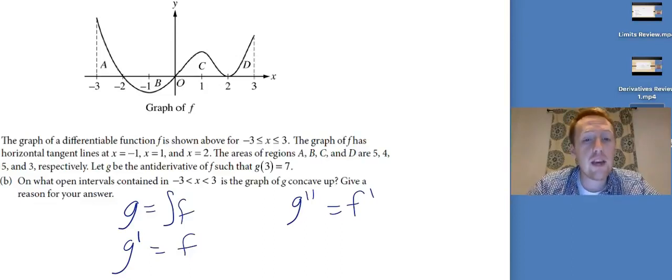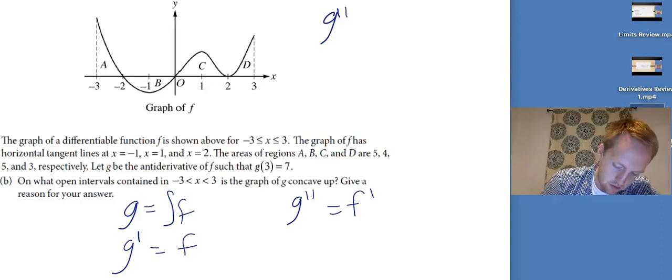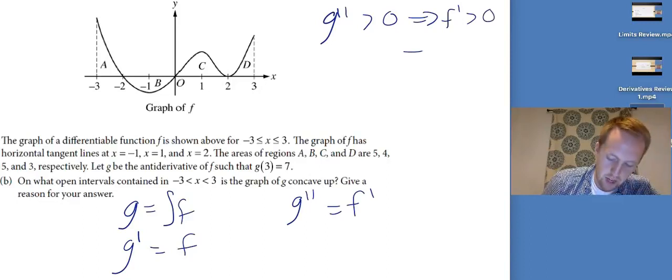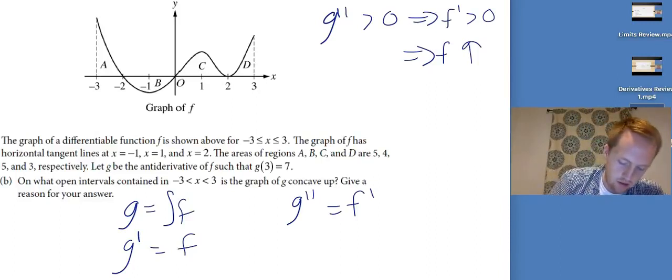So in order for g to be concave up, I need g double prime to be positive. It means I need f prime to be positive. And if f prime is positive, that just means f is increasing. So I just need to find where f is increasing. Well, that's -1 to 1 and 2 to 3.